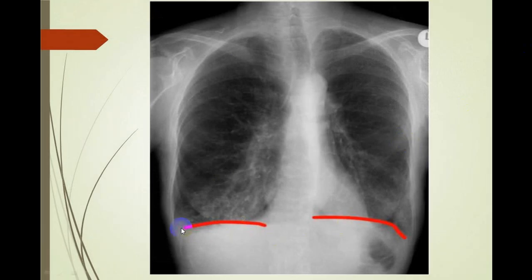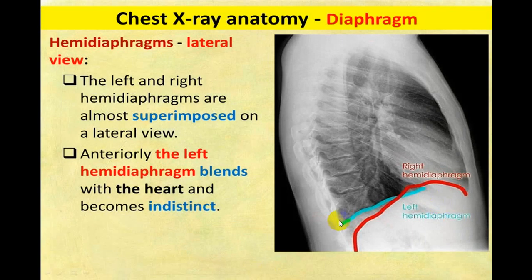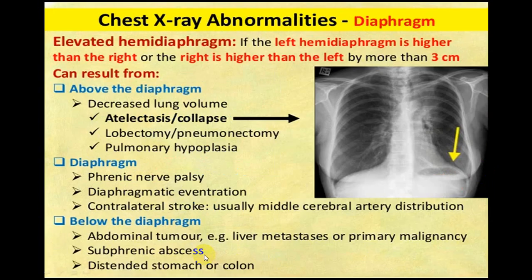Now if you see here, both the diaphragms are flattened out. Both are almost at the same level. So this is because of push from above. This will be happening in a case of emphysema. You can see this right dome of diaphragm is a little higher as compared to the left dome of diaphragm in a lateral field.